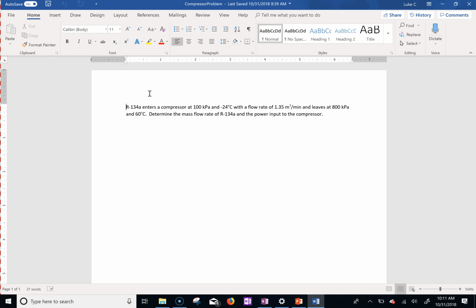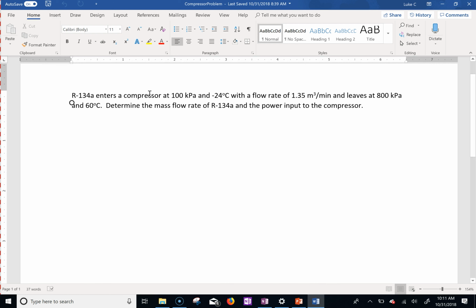So you have refrigerant 134A entering a compressor at 100 kilopascals and minus 24 degrees C with a flow rate of 1.35 meters cubed per minute. It leaves at 800 kilopascals and 60 degrees C. Determine the mass flow rate and the power input to the compressor. Again, just as a reference, these systems typically have pressure and temperature measurements.